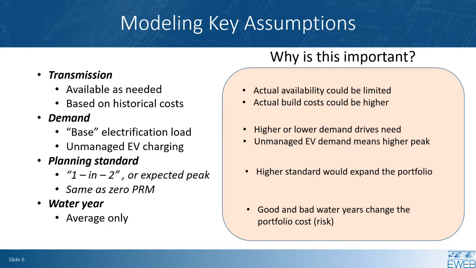Because we've chosen the medium load case as the demand assumption, there's a possibility of that being higher or lower. If that's the case, it's going to stress our portfolio in different ways. So that's another sensitivity we would like to look at. As that demand changes, how much does it change our reference portfolio?